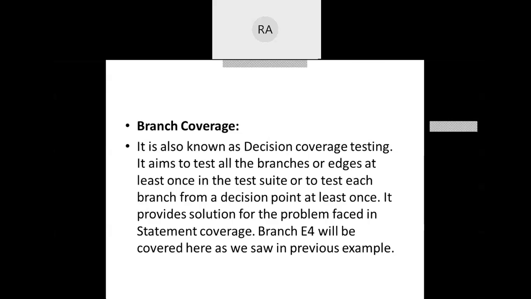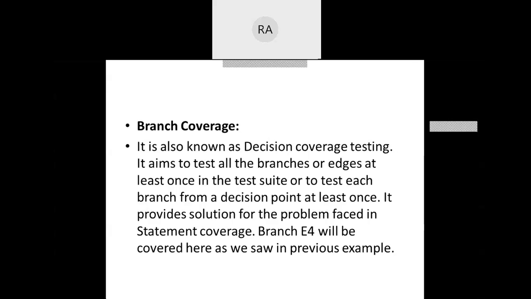What is the aim over here? To test the branches or edges at least once by making use of a test case. Suppose you have two branches for a particular condition. You are testing each one of them at least once. In order to do that, you should have a test case designed for each branch.